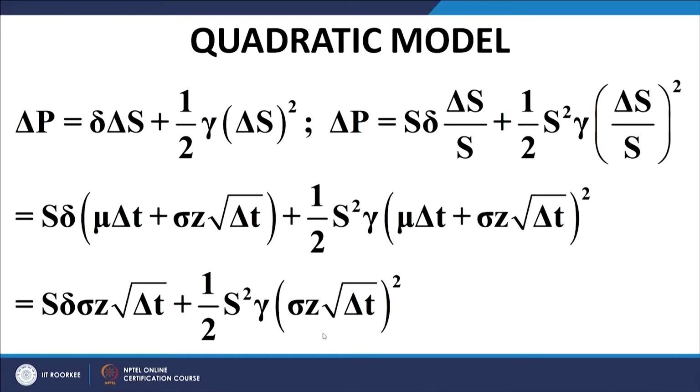The quadratic model is slightly more extensive, slightly more elaborate, carries a bit of nuances in the sense that we are truncating the change in price at the second order in the Taylor series in terms of the derivative of this underlying price, and therefore, we introduce gamma. Gamma is nothing but the second derivative of the price of the portfolio with respect to the underlying asset. The rest of it more or less is the same.